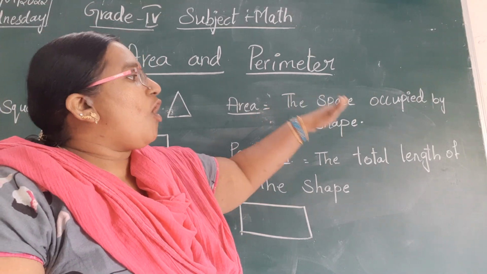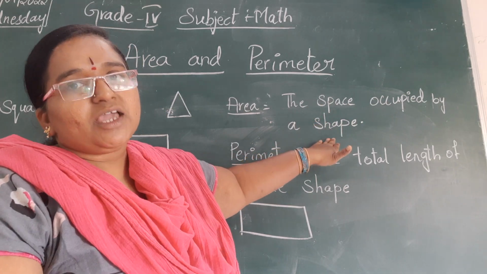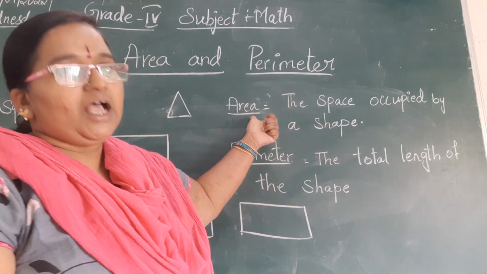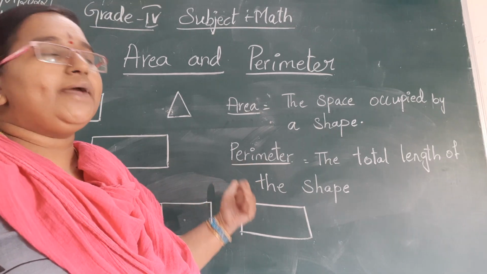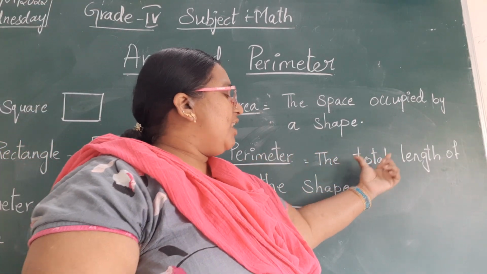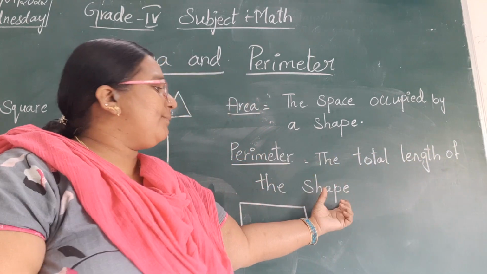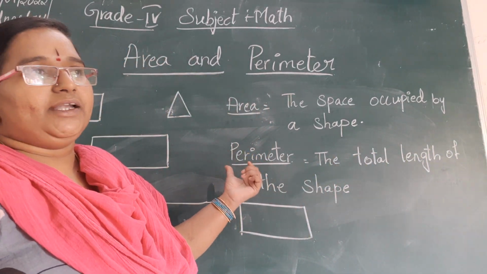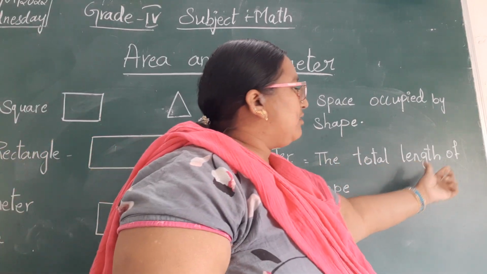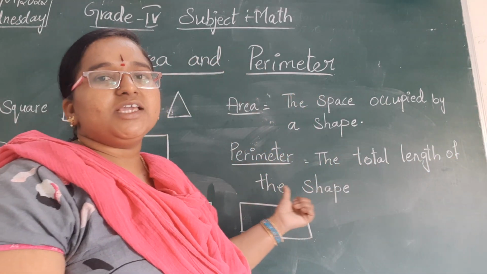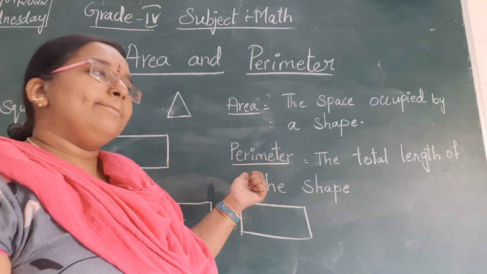The space occupied by a shape is called area. Very good. Next, perimeter. The total length of the shape is called perimeter. Everyone repeat along with me. The total length of the shape is called perimeter.